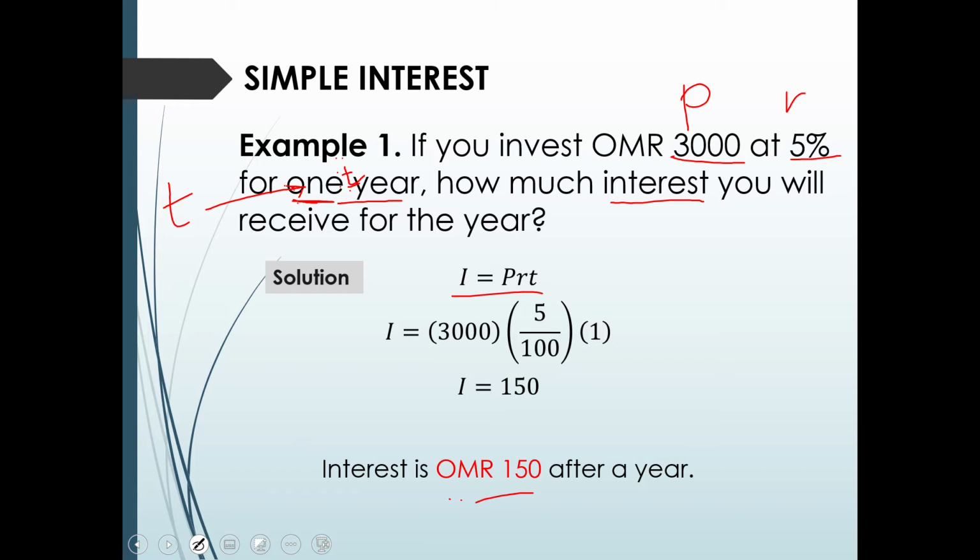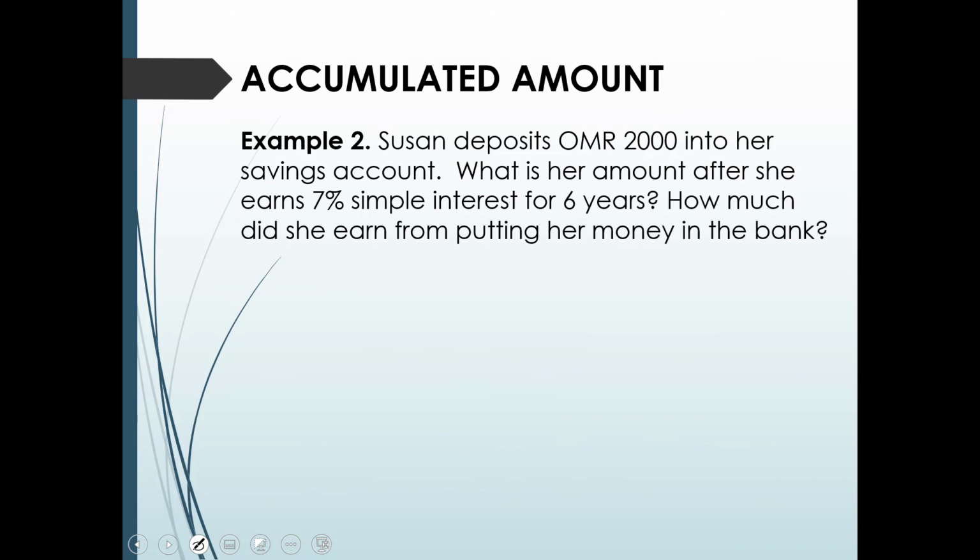Let's have more examples. Example number 2. Susan deposits 2,000 into her savings account. What is her amount after she earned 7% simple interest for 6 years? How much did she earn from putting her money in the bank? So there are 2 questions here, but let's identify the given.